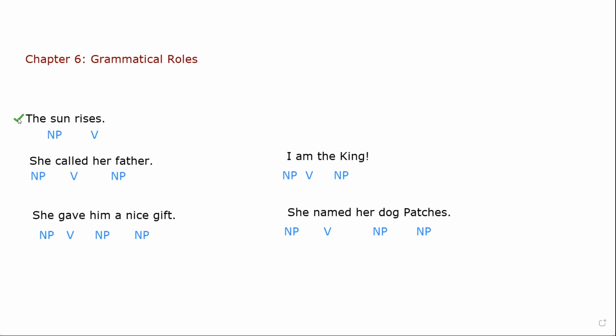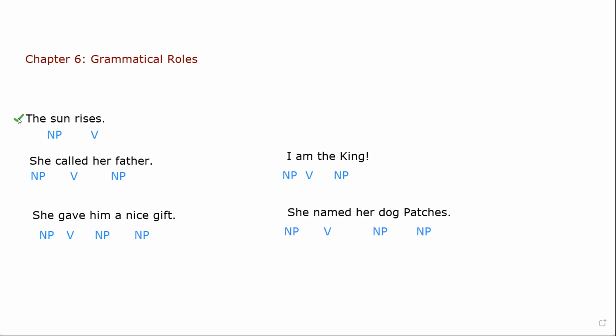And then if we look at the ditransitive verb pattern, we've got the verb followed by 2 noun phrases. But the object complement pattern also has a verb followed by 2 noun phrases. So you've got 2 pairs of sentences where we've identified a noun phrase as the subject, a verb, and then either 1 noun phrase or 2 noun phrases following.